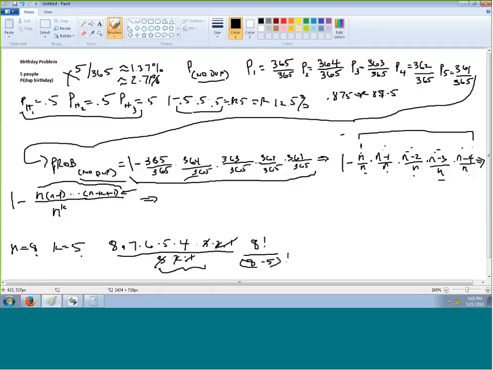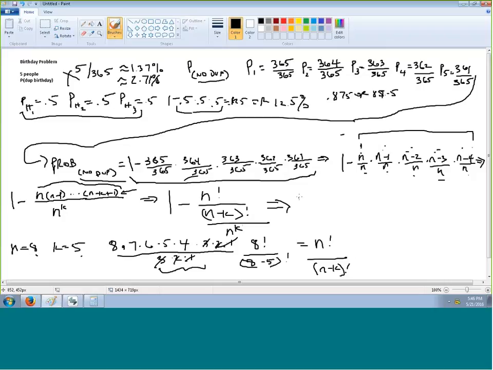All right. So now we're able to clean this up even more. We'll say this is n factorial over n minus k factorial. You see where I'm coming from. All right. So 1 minus n factorial over n to the k, so we can see it's a superscript.